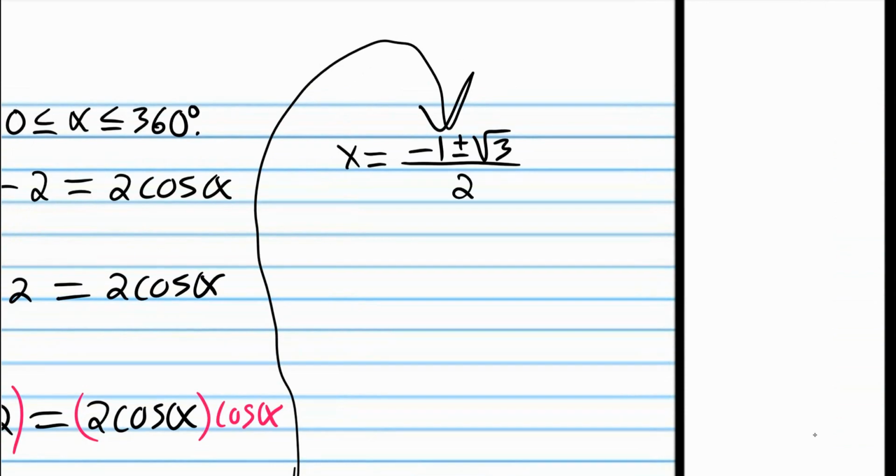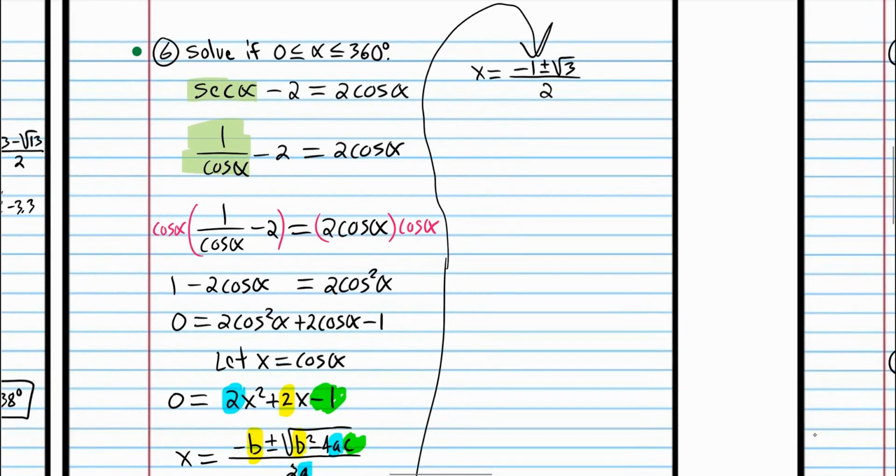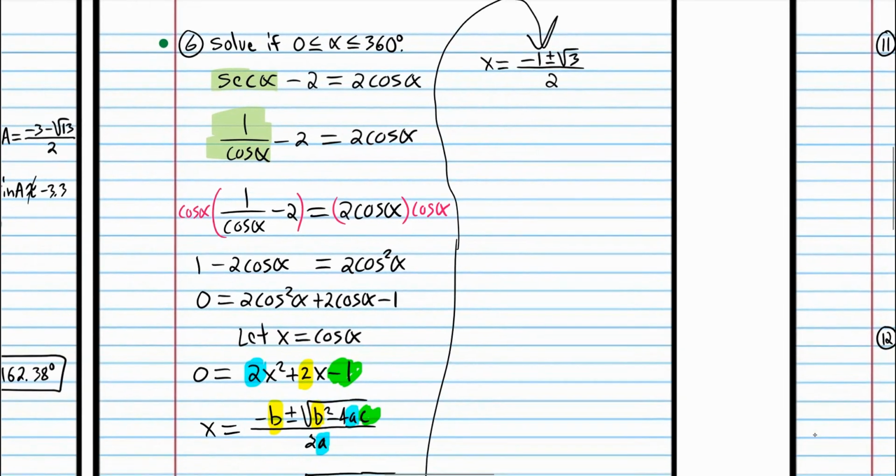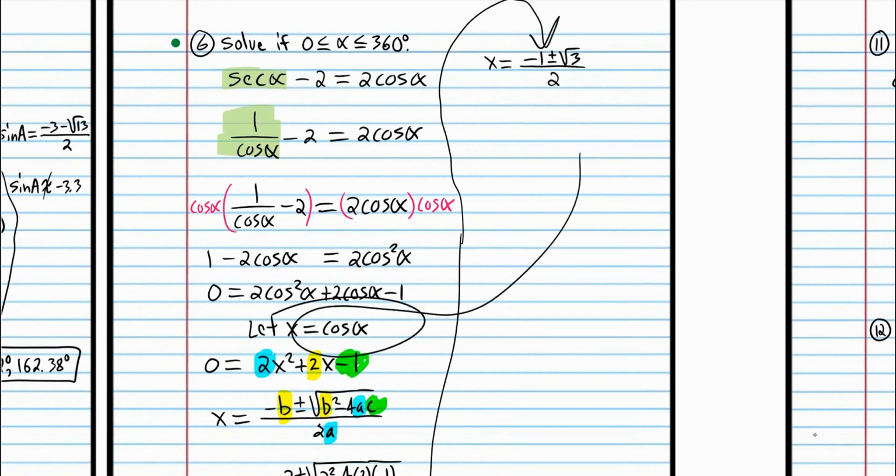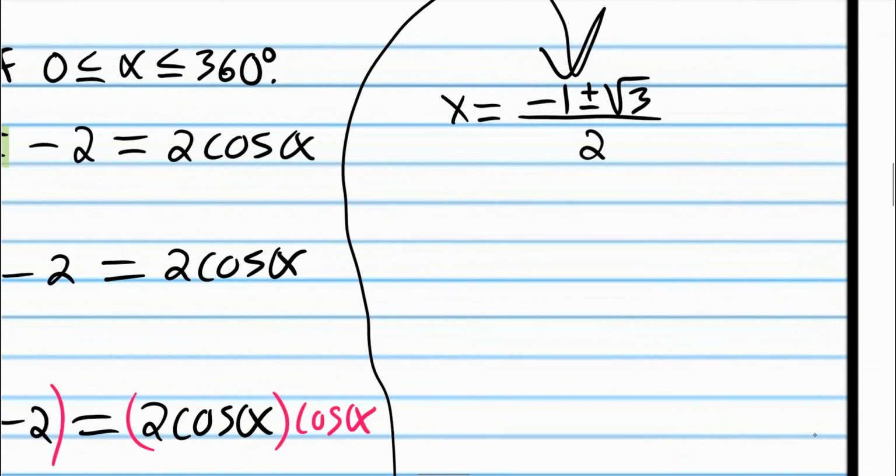So that's what x is equal to. We figured out what x is equal to. Problem is we don't want x. We want cosine alpha down here. Remember, we let cosine alpha equal x temporarily. So now we're going to change back to cosine alpha.